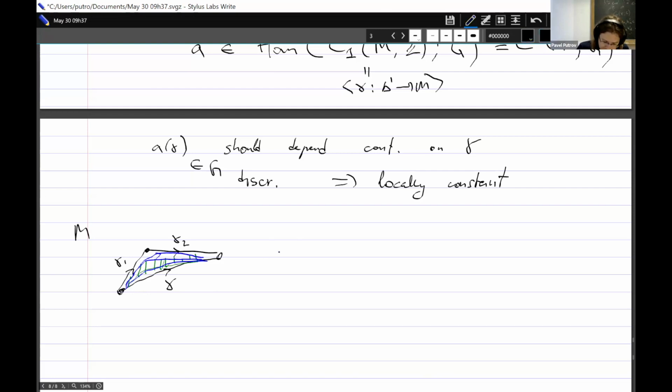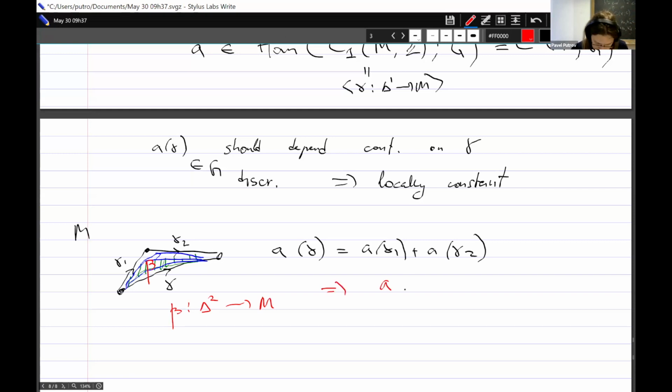So this in particular implies that A of gamma should be equal to A of gamma 1 plus A of gamma 2. And this triangle can be understood as a singular two-chain in M. And then this relation means that A of the boundary of beta is 0.